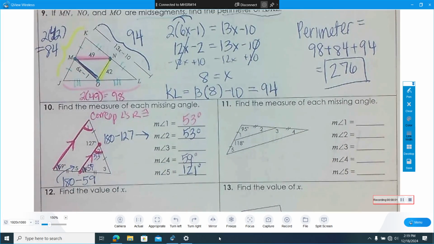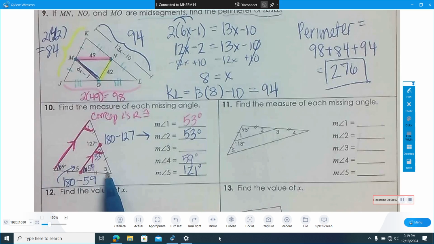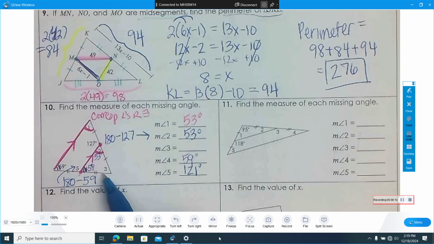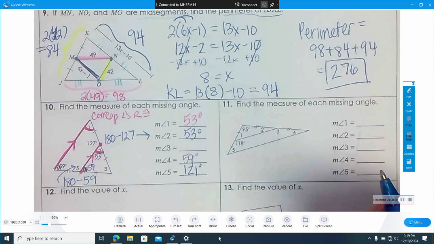All right, last but not least, we have to figure out angle 3. How do we figure out angle 3? Add them all and subtract from 180. We have a little triangle, right? What do all the measures in a triangle add up to be? 180. Wait, what did you say, Karen?